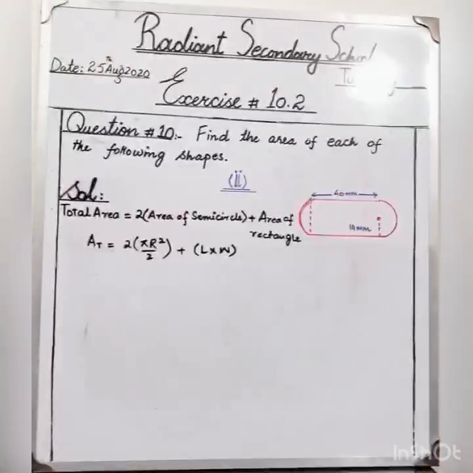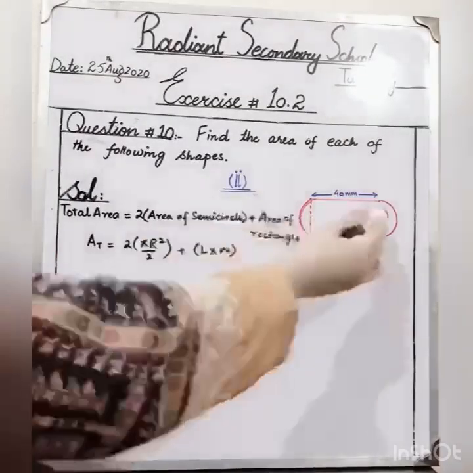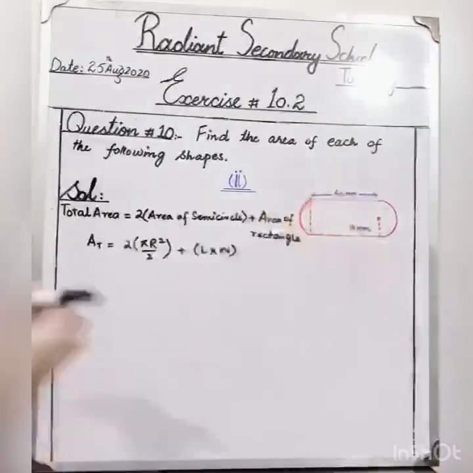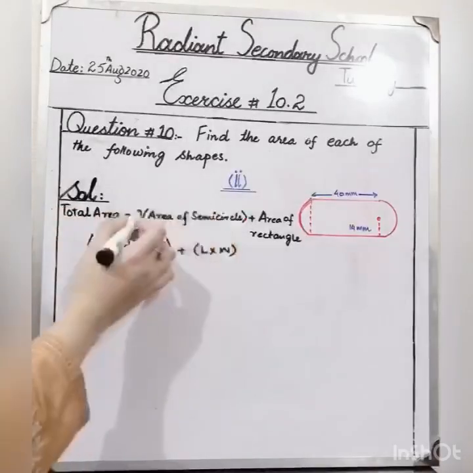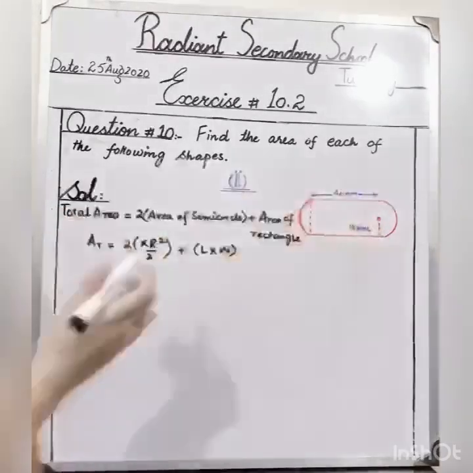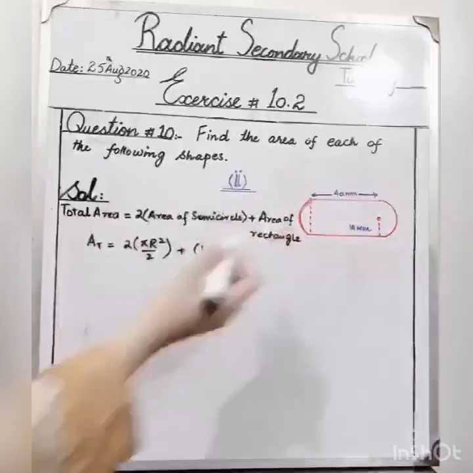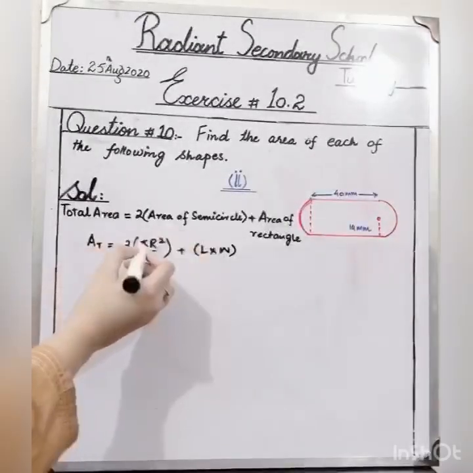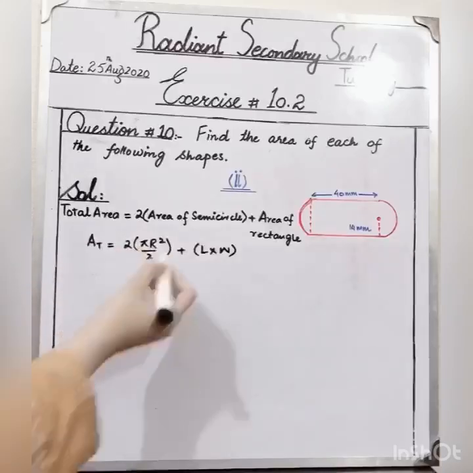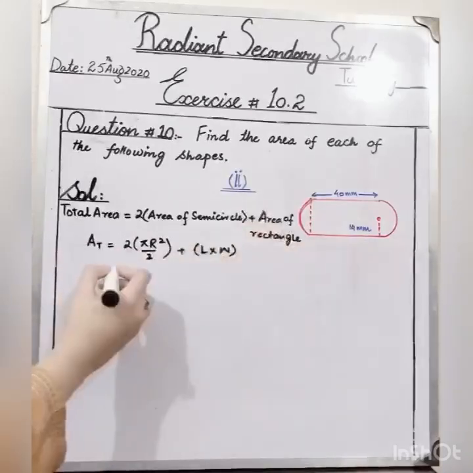In the second part, students, we are having two semicircles and one rectangle. So how do we write the total area? 2 into area of semicircle. This 2 means there are two semicircles, plus area of the rectangle. This is one rectangle. So area of semicircle is pi r square divided upon 2, plus area of rectangle is length into width.